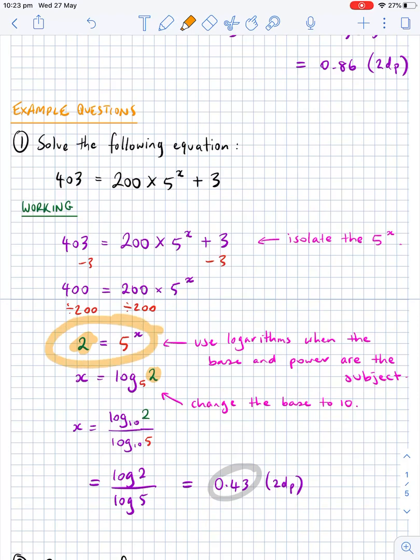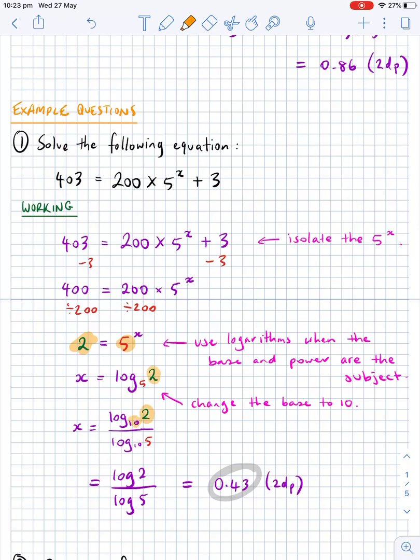We have to rearrange this using logs. So our unknown power becomes the subject. Then our 2 goes after the log, and our base of 5 goes down here. Now we've got to figure out the value of log base 5 of 2. We can't do this in a calculator, but if we change the base to 10s, we can.